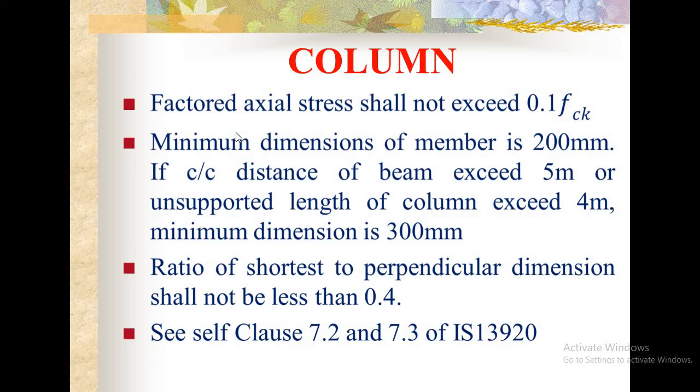If the center to center distance of beams exceeds 5 meters or the unsupported length of the column exceeds 4 meters, then the minimum dimension should be 300 mm. The ratio of shortest to perpendicular dimension shall not be less than 0.4. You can see all these things in IS 13920.